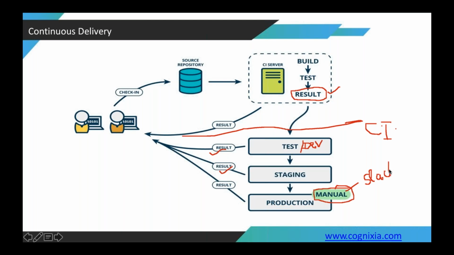Now, what is Slack? Slack is basically a messaging platform. Once you have done the integration with Slack, a notification would be published in Slack that the new code is ready to be deployed in production and that it is working in the lower environments, like your testing environments or the staging environments.